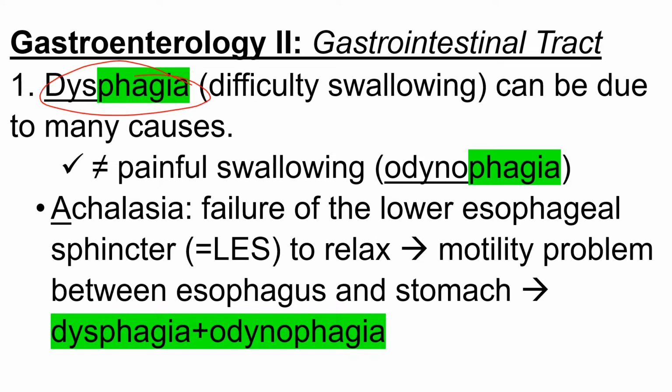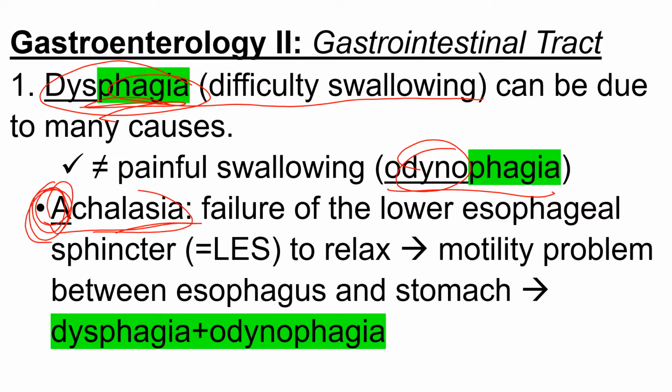Let's talk about dysphagia. Dysphagia is just difficulty swallowing. It can be due to many causes. And do not confuse dysphagia, the term, with odynophagia. Odyno means painful swallowing. Please do know that achalasia means I cannot relax, the Greek word. And this means that there is a problem with the lower esophageal sphincter.